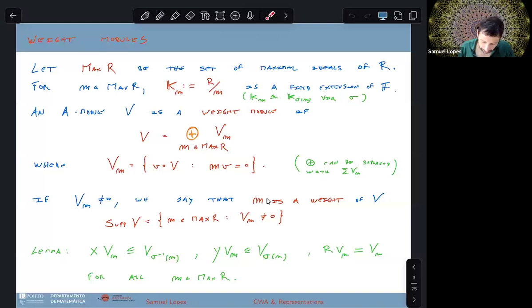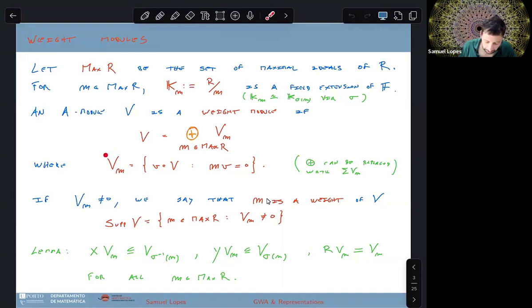So I will say that a module for a generalized Weyl algebra is a weight module if it can be decomposed in this way as a direct sum of certain subspaces V_M, one for each maximal ideal of R. And this V_M is precisely, as we saw in the example, the space of vectors which are killed by the maximal ideal M. In the case of SL2, this was just the space V_{lambda mu}, because a maximal ideal of the polynomial ring in two variables, if the field was algebraically closed, looked like what I showed you in the previous slide.